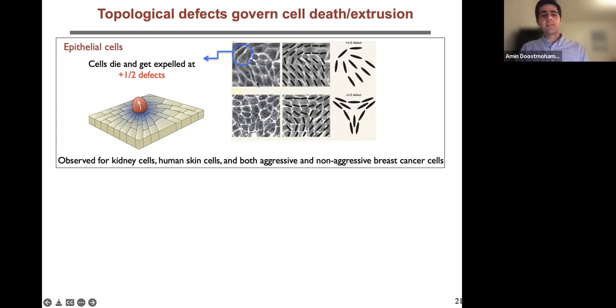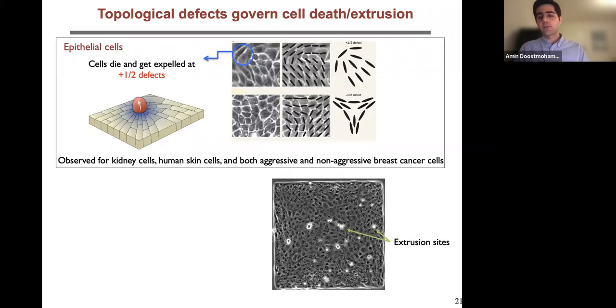And more importantly, we see from the experiments that cells are killed essentially, and they are expelled at the head of these +half defects. We observe this for different cell types, from kidney cells to aggressive and non-aggressive breast cancer cells.